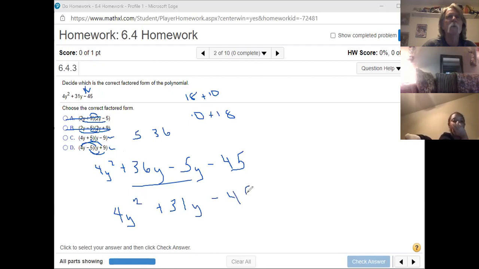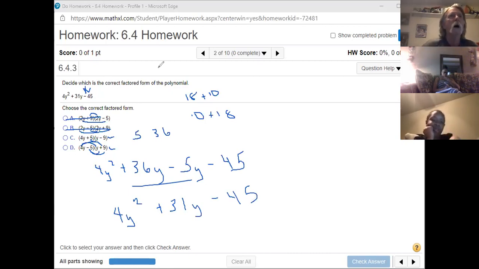Now, this is where it's a little bit of a chess game. Because what you're trying to do is, in my opinion, you don't really want to do the FOIL method for all of them. They all, when you multiply them, give you 4y squared, and they all give you negative 45. So the key is, which one of them is going to give you a positive 31 in the middle?